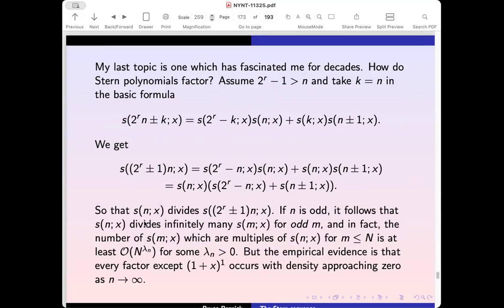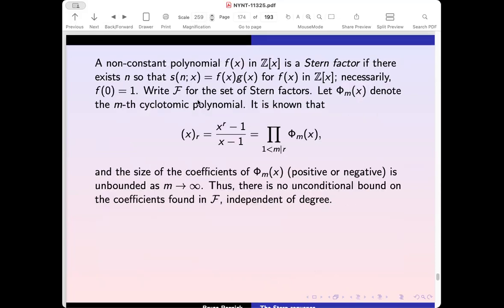And that means that S_n(x) divides infinitely many S(mx). And you can use a recurrence to prove that the number grows at least like some positive power of n. But the empirical evidence is that every factor except 1 plus x to the first occurs with density approaching 0 as n goes to infinity.